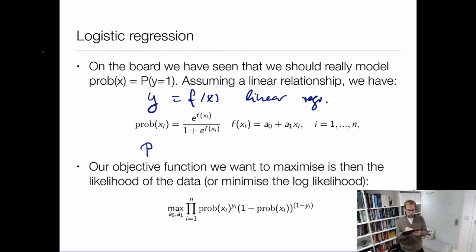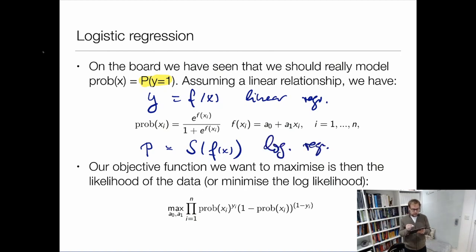So p is just the probability that the class label is 1, and I model this as a continuous function, but it ranges between 0 and 1, so it can't have any value, and this is why I model it as a sigmoid function of a linear function. So this is all there is to logistic regression.